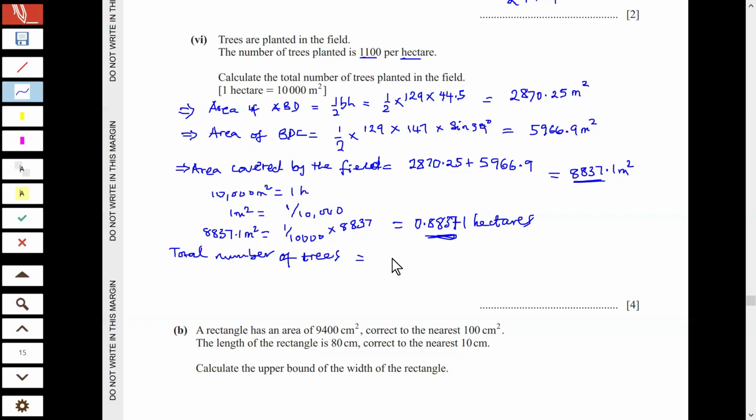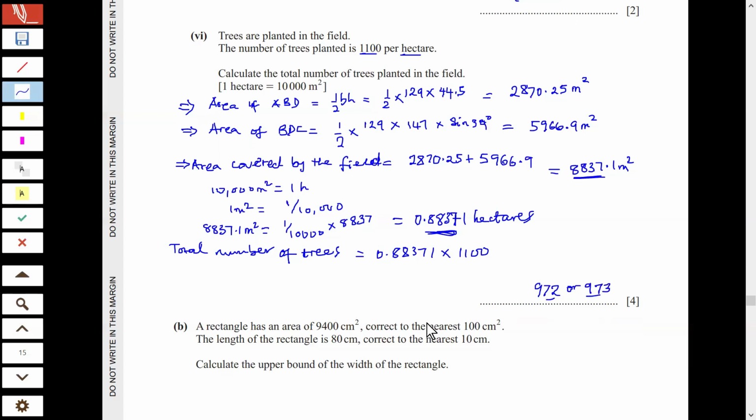So we have to now multiply 0.88371 by 1,100, and this gives us a final value of 972 or 973. The number of trees would be 972 or could be 973.